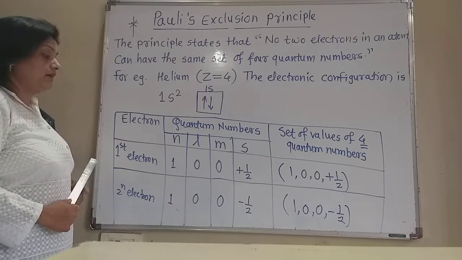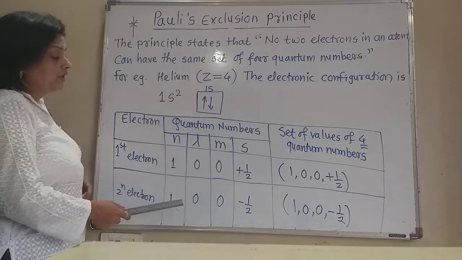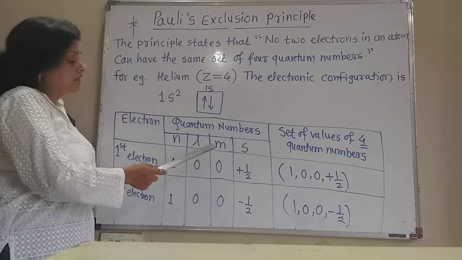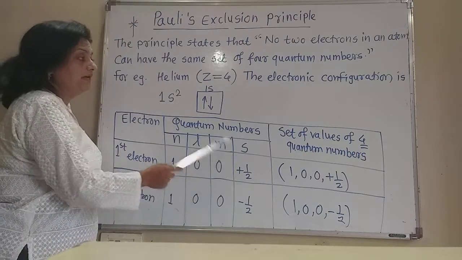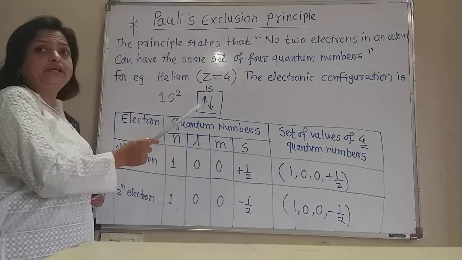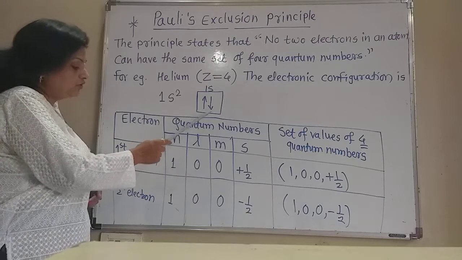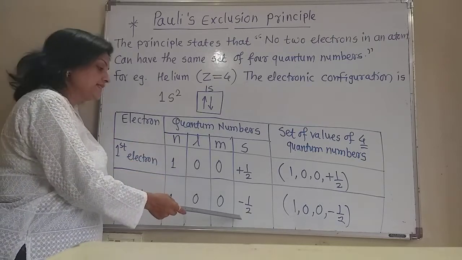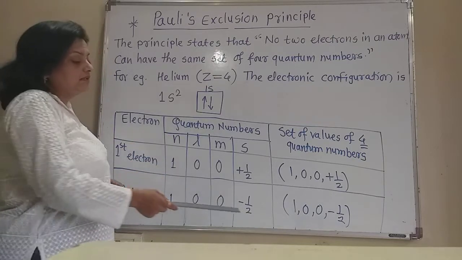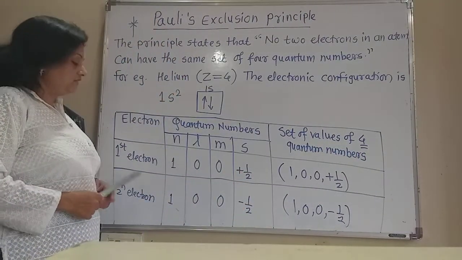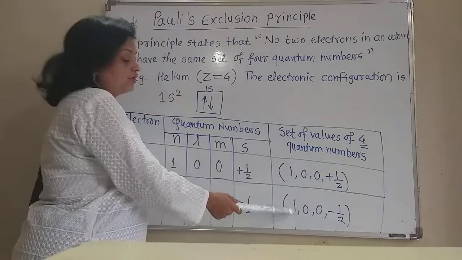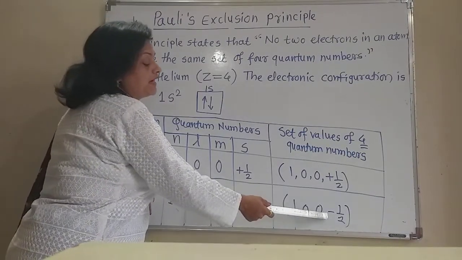The magnetic quantum number is also 0, and as it is the downward pointing arrow, the spin quantum number is minus half. So the set of 4 quantum numbers is 1, 0, 0 and minus half.